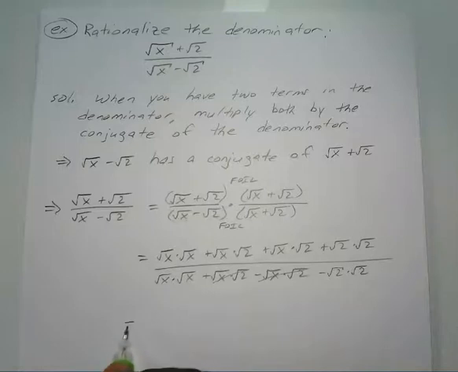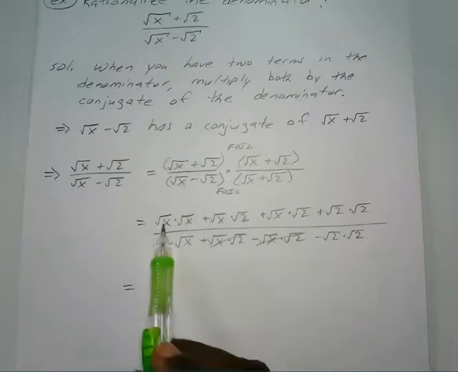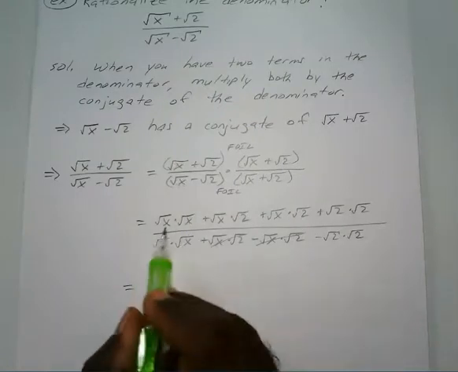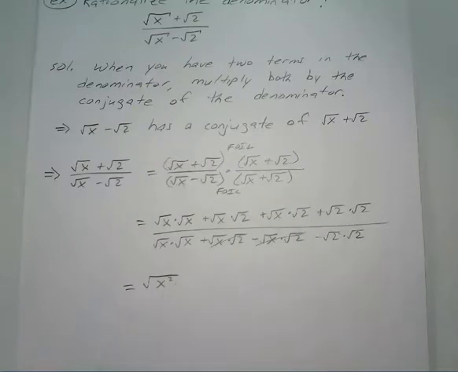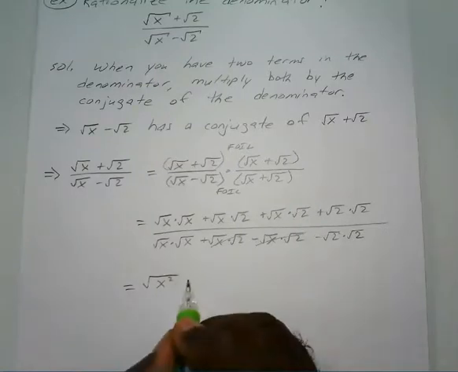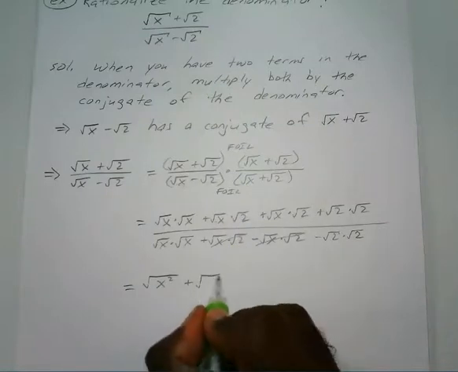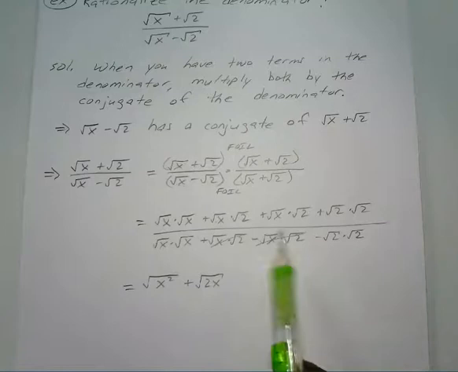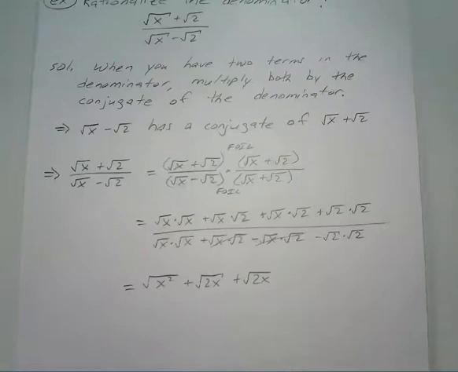All right. So we look at our numerator and we start to simplify each term. Square root of x times square root of x, we can put those under one. So we have square root of x squared plus square root of x times square root of 2. We can just put those under the same, so square root of 2x. Same thing here, square root of x times square root of 2 plus square root of 2x.